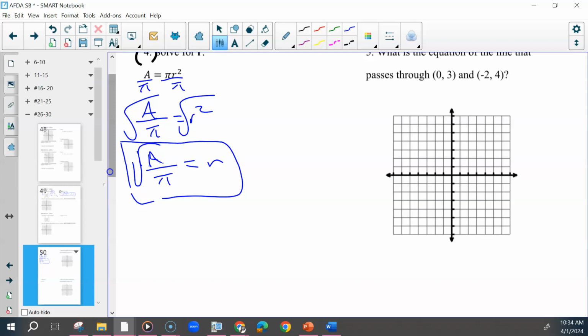I thought it was all together, so I'll just show what happens if we do that. If we take the square root, we have the square root of a equals the square root of pi, and we have to separate those, that one would just become r.